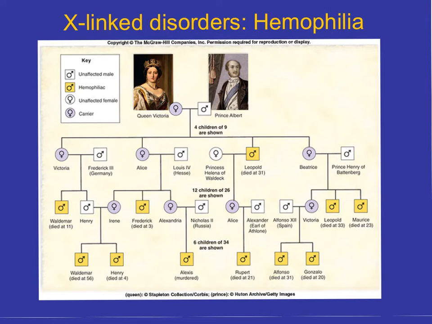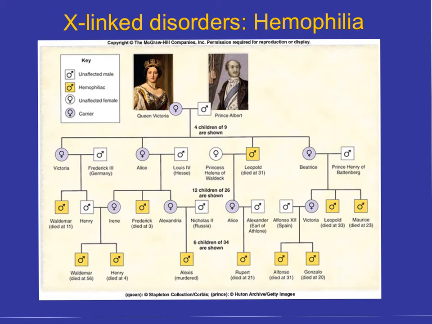Most of the people affected by hemophilia are males. Hemophilia is actually known as the royal disease because it was very common in the royal families of England, Germany, Spain, and I think there was another, though it doesn't come to mind at this moment.